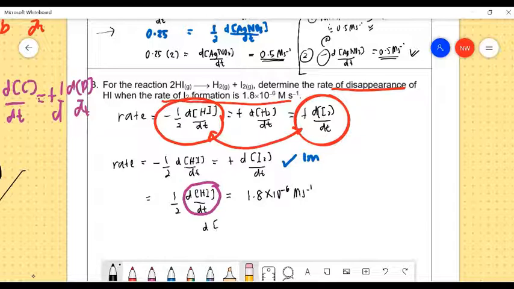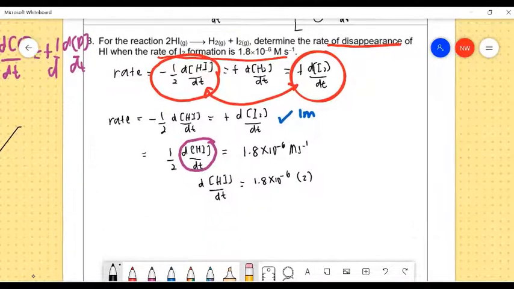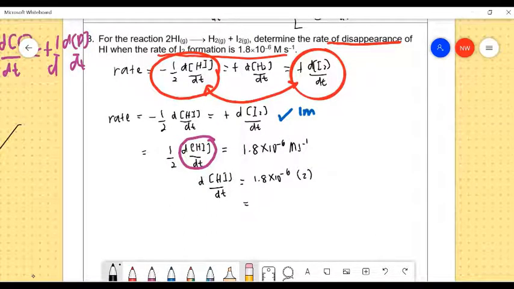So rate depletion d[HI]/dt equal to 1.8 kali 10^-6 darab dengan 2. So, bila kita buat calculation, dapatlah 3.6 kali 10^-6 M s^-1.